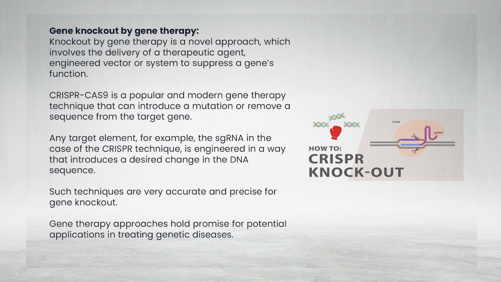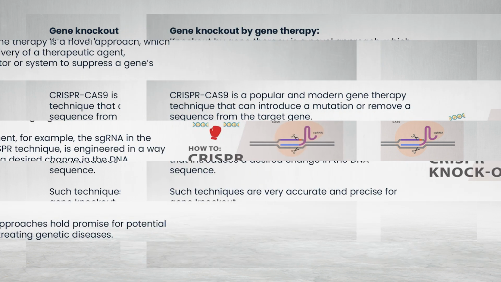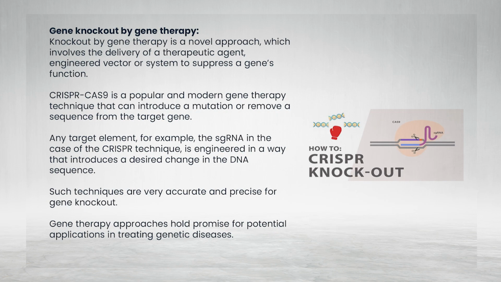Any target element, for example, the sgRNA in the case of the CRISPR technique, is engineered in such a way that it introduces a desired change in the DNA sequence. Such techniques are very accurate and precise for gene knockout. Gene therapy approaches hold promise for potential applications in treating genetic diseases.